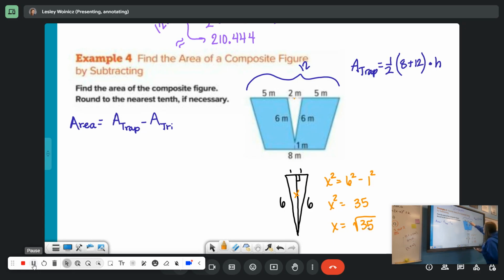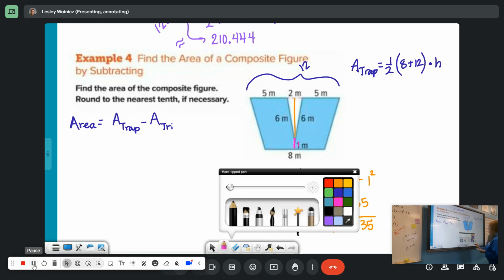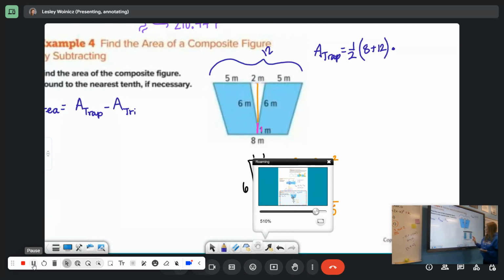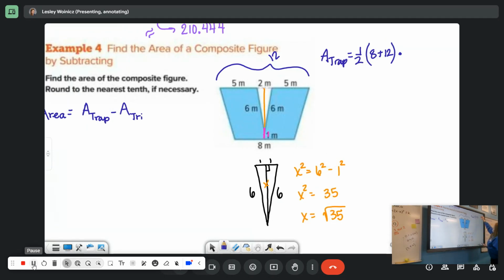Now, it looks like I also have a 1 meter right here. So the height for my trapezoid, this is nasty, sorry guys, is going to be 1 plus root 35.